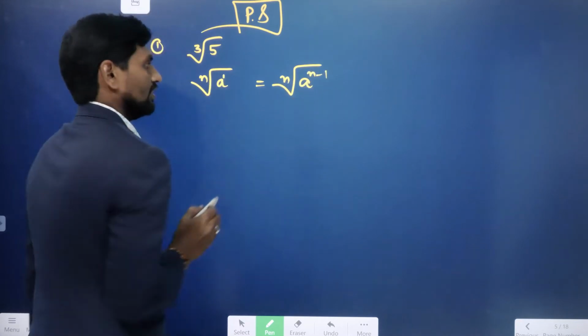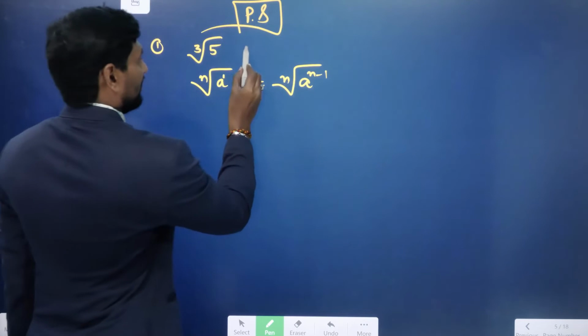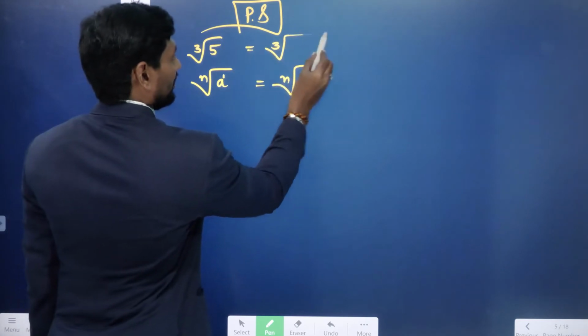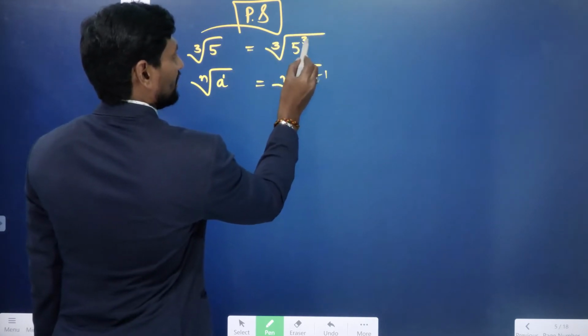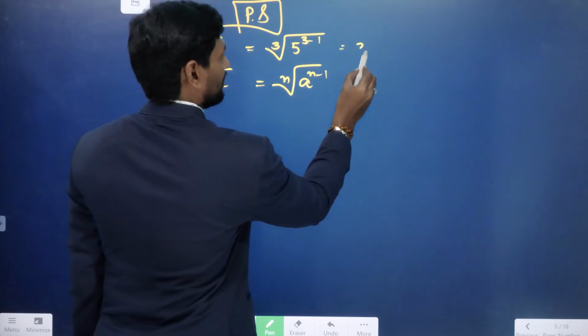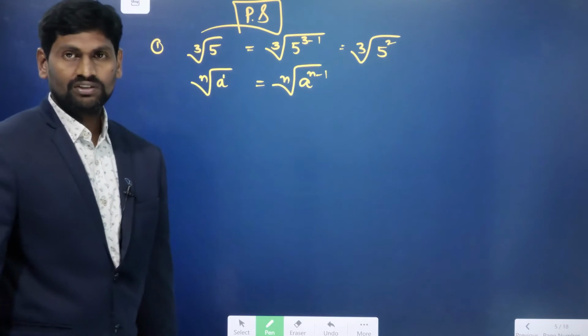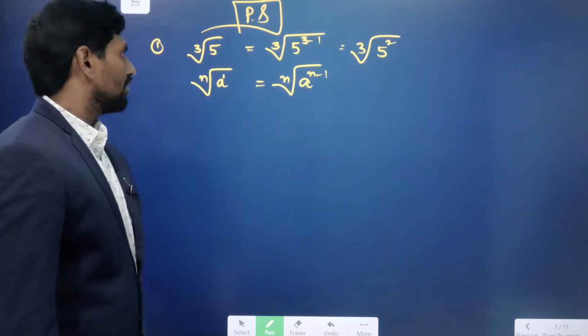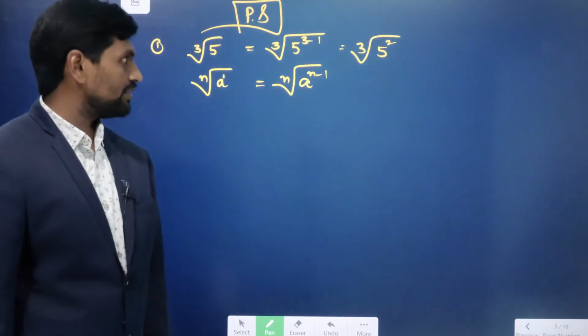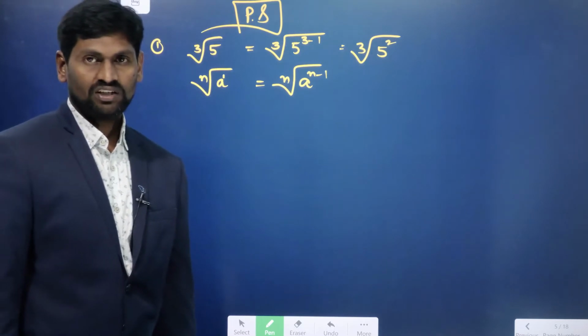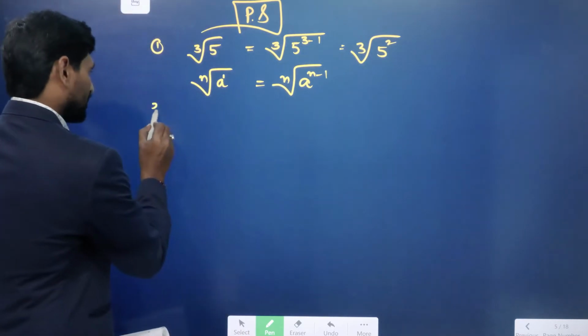Same way, we can write cube root 5 power 3 minus 1, which means cube root 5 square. The rationalizing factor of cube root 5 is nothing but cube root 5 square. So let us go to the second question.